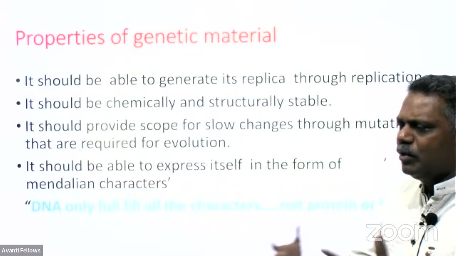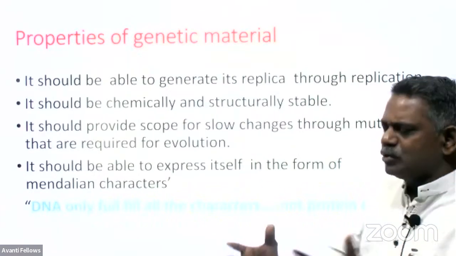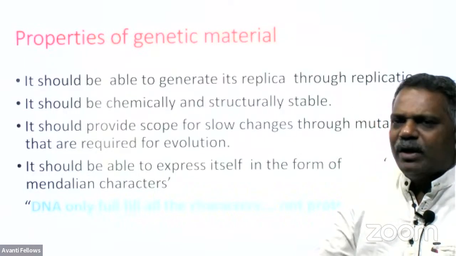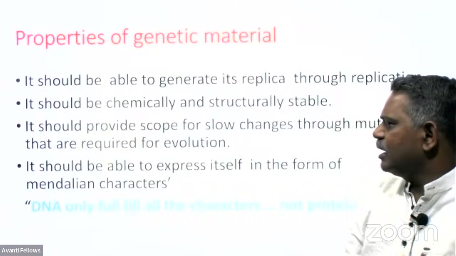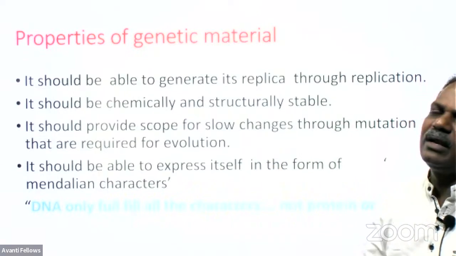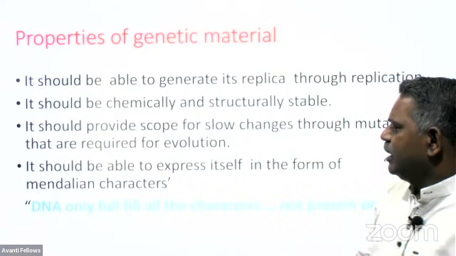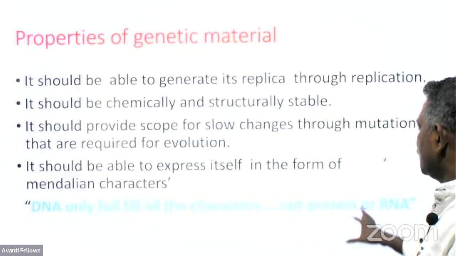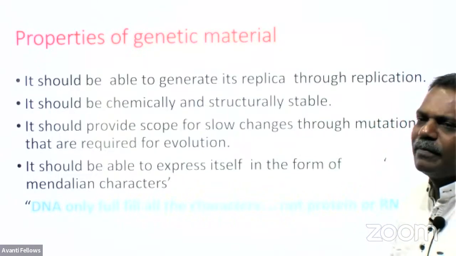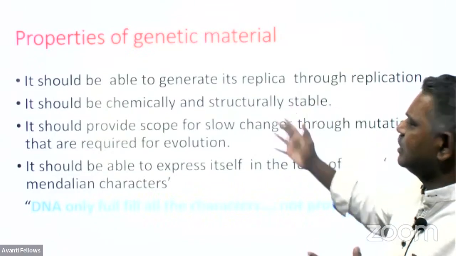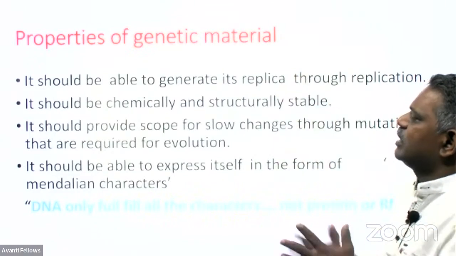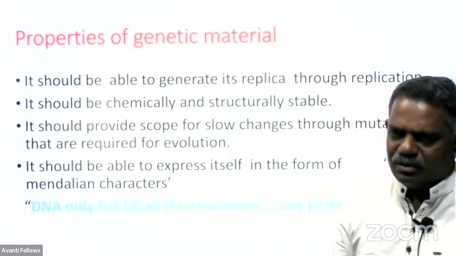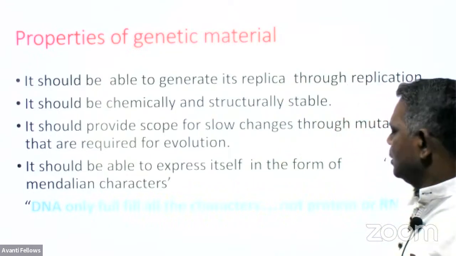Genetic material should store the information about a particular character, and whenever required, it should express the character in the form of Mendelian characters only. And DNA alone fulfills all these requirements, not protein or RNA. That is why nature selected DNA as the genetic material for all individuals except the retroviruses. Right?